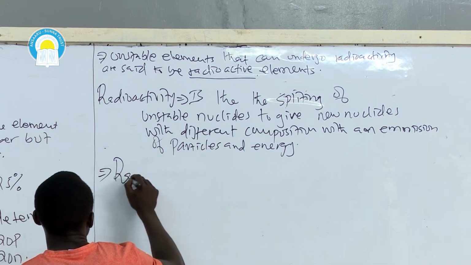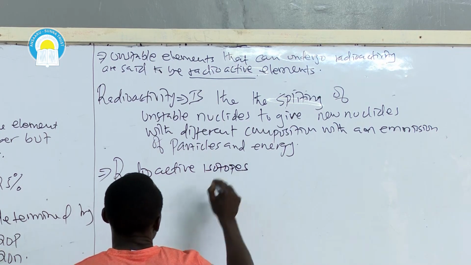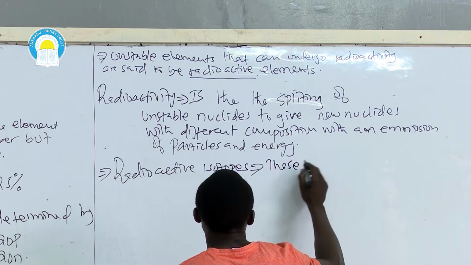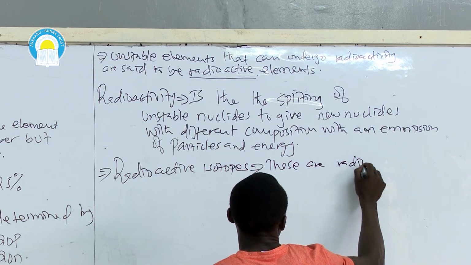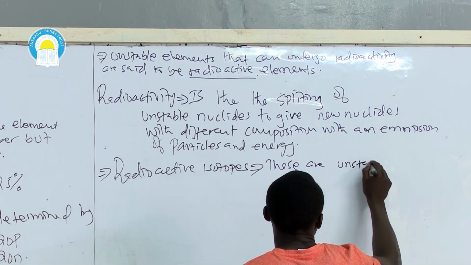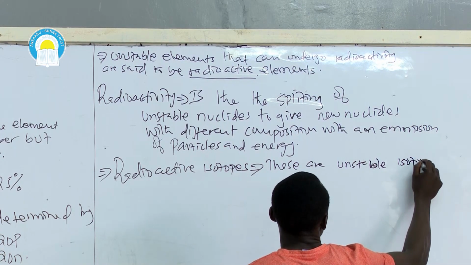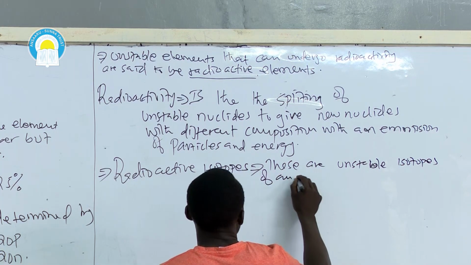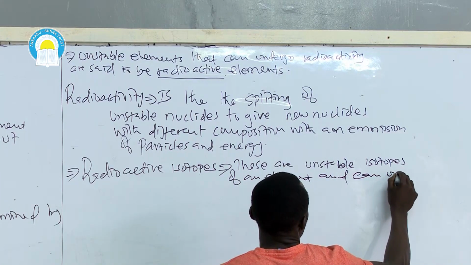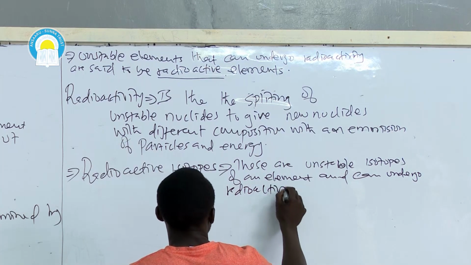Radioactive isotopes. So we say these are unstable isotopes of an element and can undergo radioactivity.